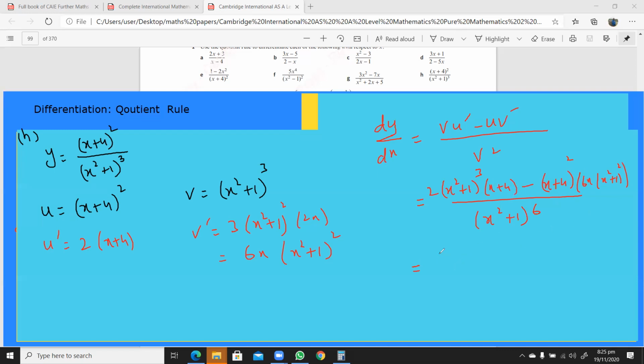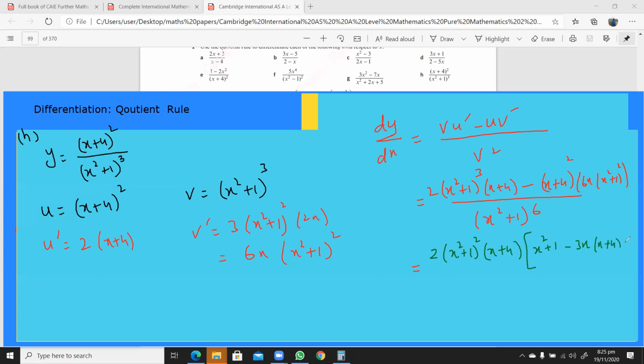So I see that I have 2 common, then I have (x square plus 1) whole square common. I have (x plus 4) as common. So now what is left here? x square plus 1 from here and we have minus 3x into (x plus 4).